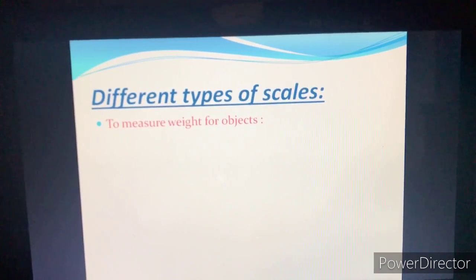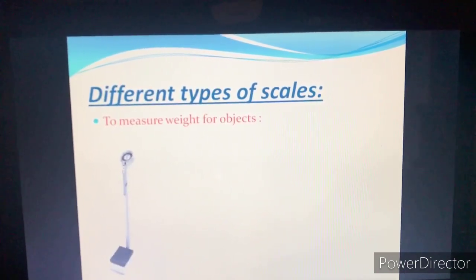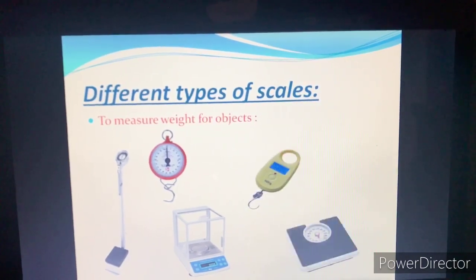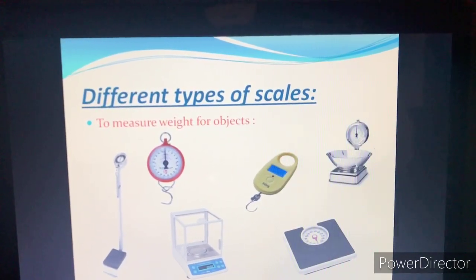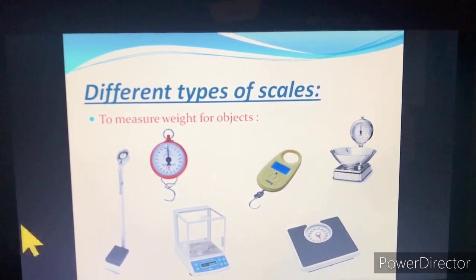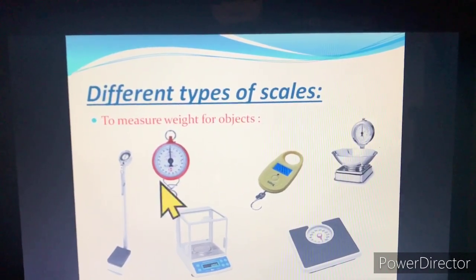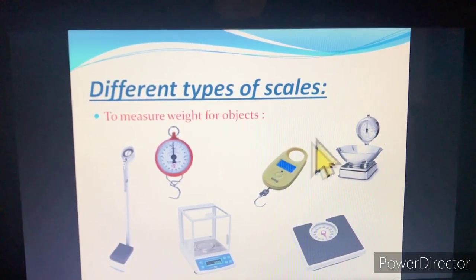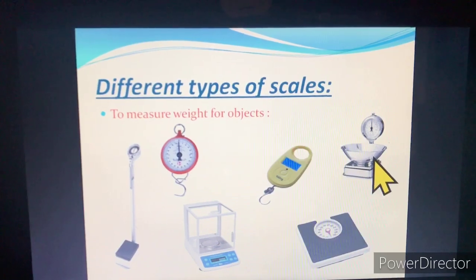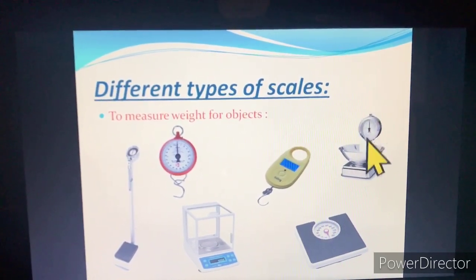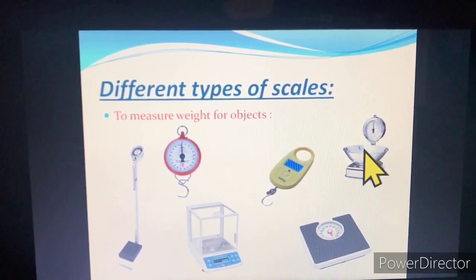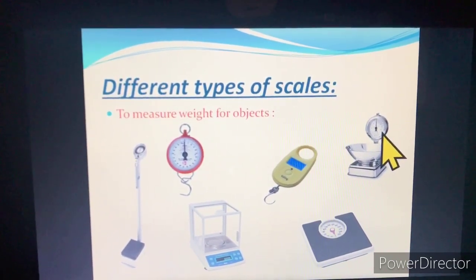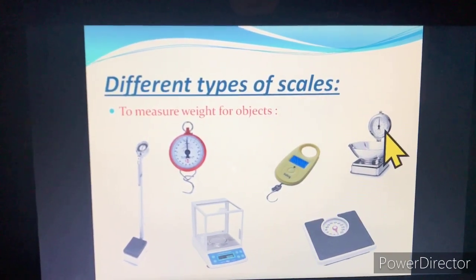Obviously, as I told you, we will use some scales, and there are different types of scales which you easily see in the market whenever you go to Panda or Lulu. On these scales you calculate the weight of the object you are going to purchase. If you purchase some fruits and vegetables, you put them here, and then this needle shows you the weight, how many kilograms or grams that object is.